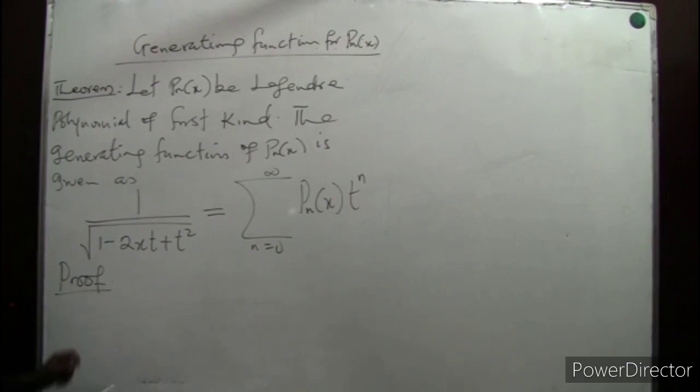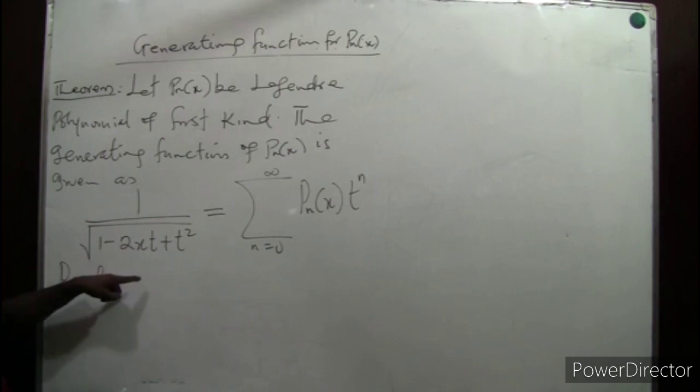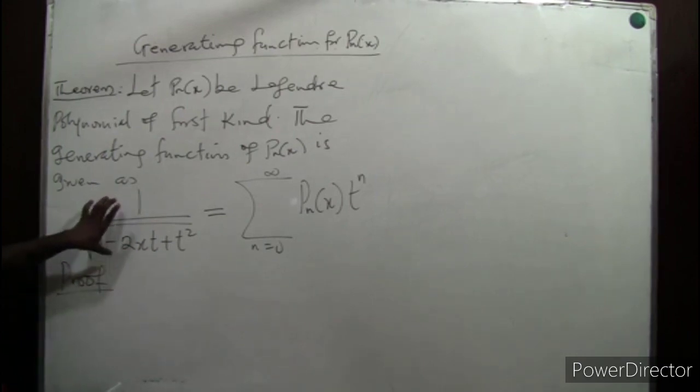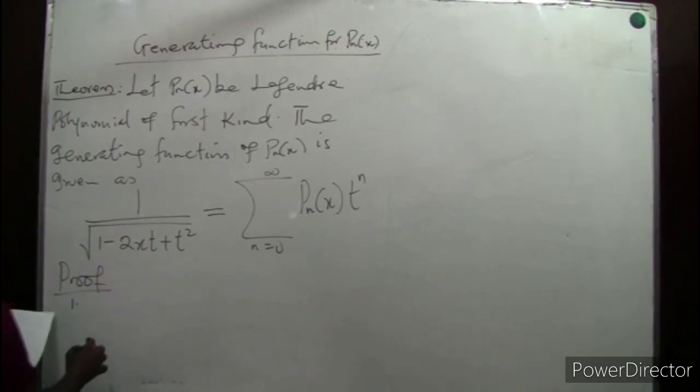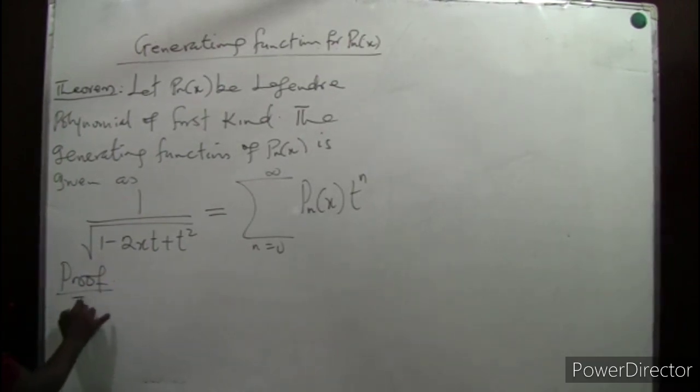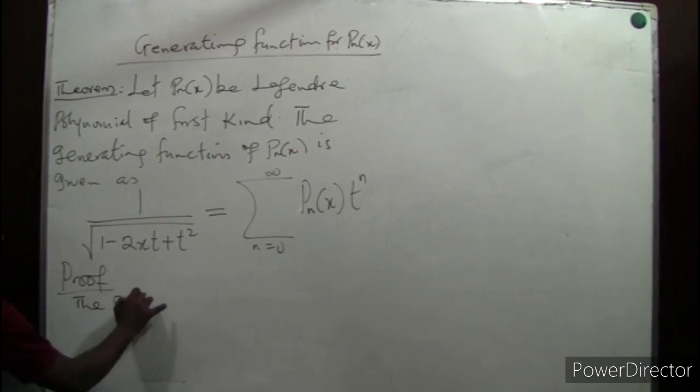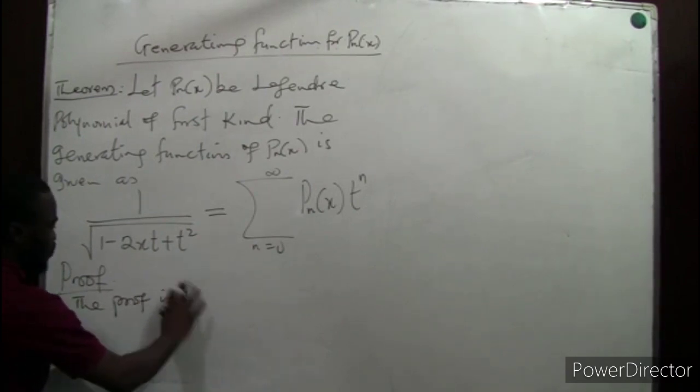The second one is to expand the whole of this expression using binomial expansion. But before that, there must be a condition this must satisfy before that can actually happen. So let me write the two of them on the board. The proof is in two forms.